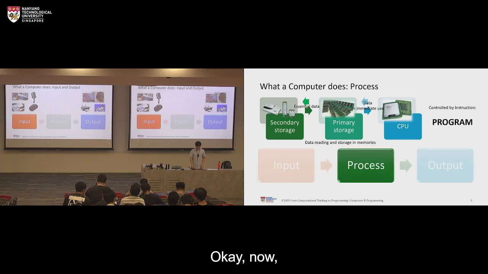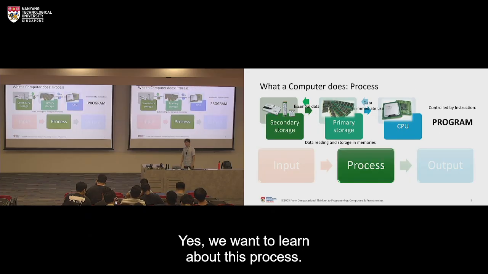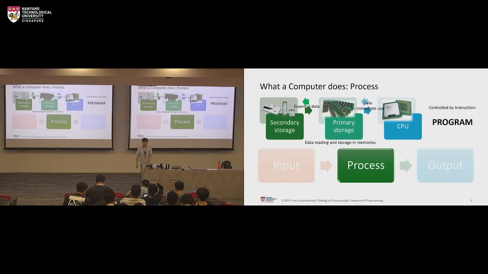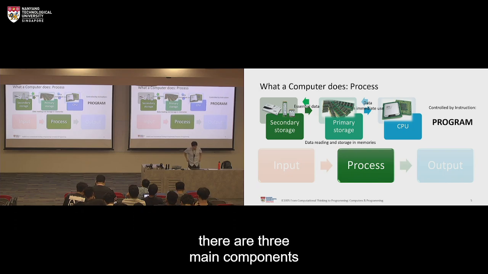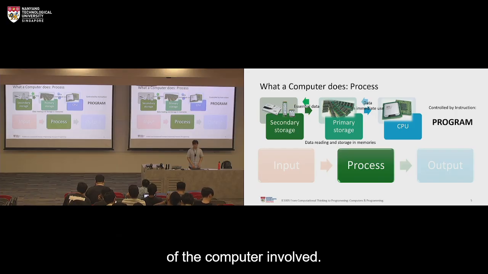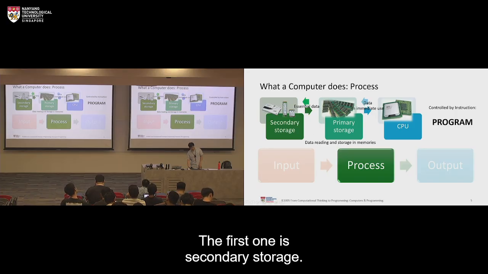Okay, then now, yes, we want to learn about this process. In this process, there are basically 3 main components of the computer involved. The first one is secondary storage.